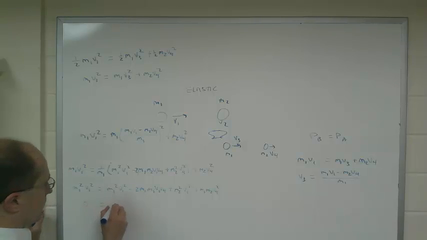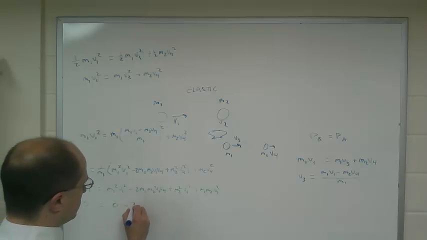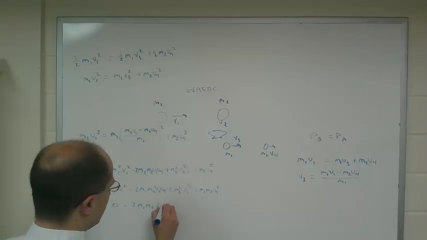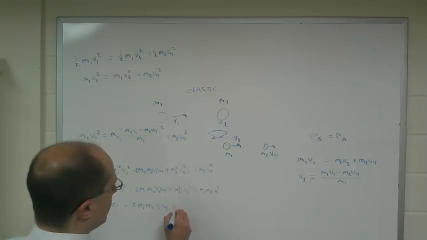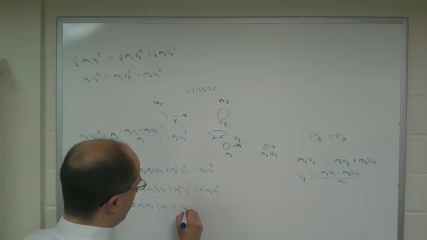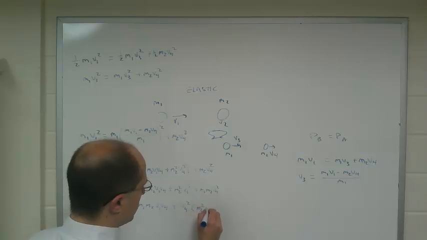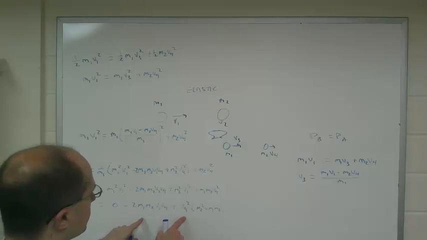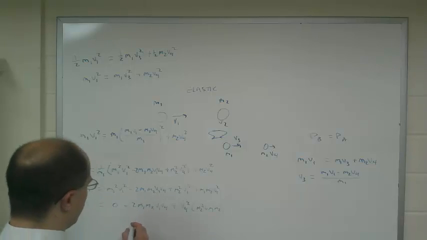So 0 equals 0 minus 2 M1 M2 V1 V4 plus, we can combine these, V4 squared times M2 squared plus M1 M2. Now when we're looking at these two terms, we can factor out a V4.